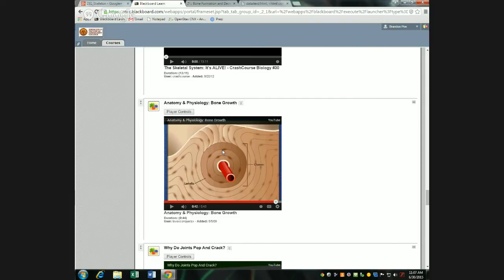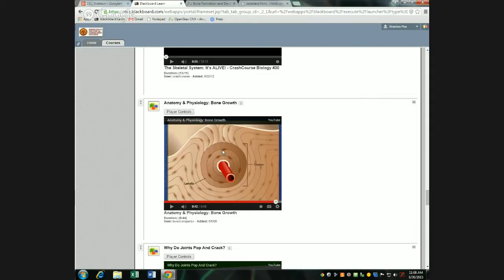Now, something that this little video here in the book doesn't address at all is what actually stimulates this in the remodeling process. The osteoblasts that are part of the periosteum are sensitive to mechanical stimuli, you could say.